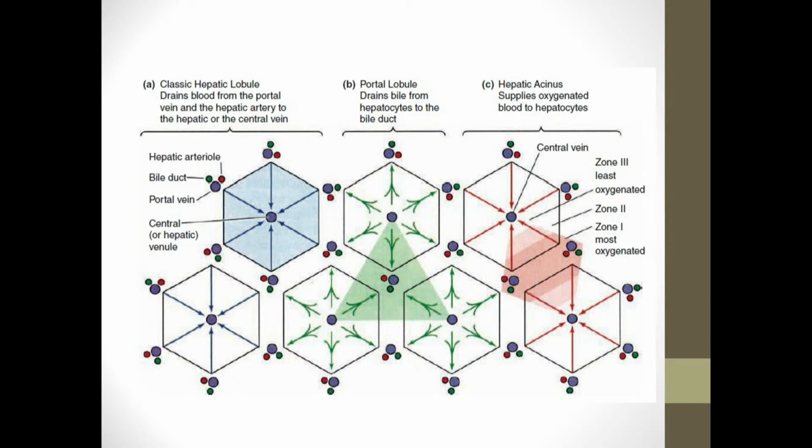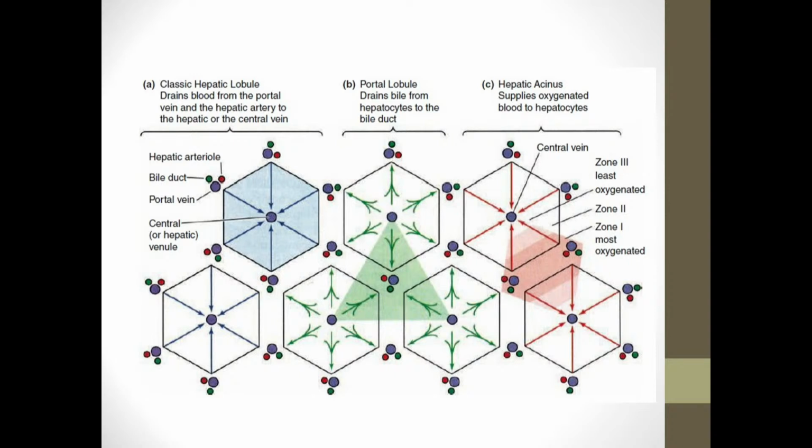Some are located near the central vein, and other hepatocytes are located more peripherally, in the peripheral zone, and they differ by internal organization, by the organelles, and also they differ in function.